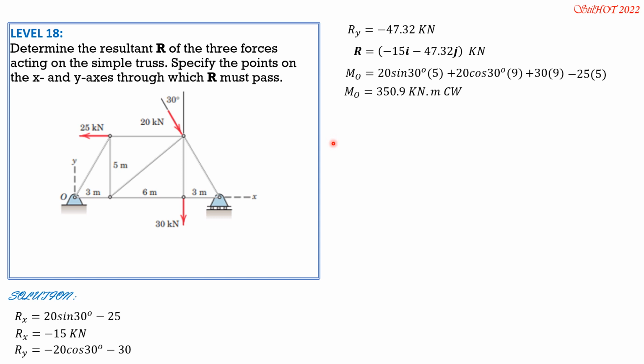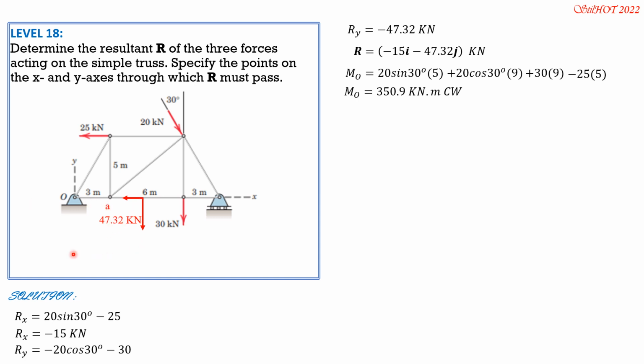Since the resultant is down to the left, let us say it crosses the x-axis at this point. This is the horizontal component. I will not put 15 there to the left because its moment about O is 0. It passes through O. Just this 47.32, which is clockwise. And let's call that the A, x-intercept.